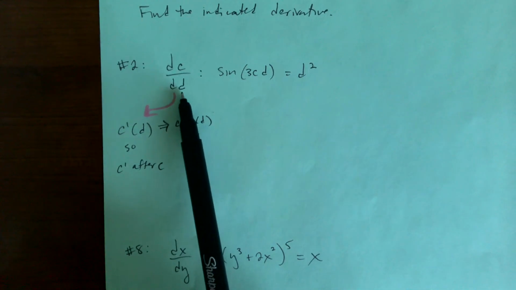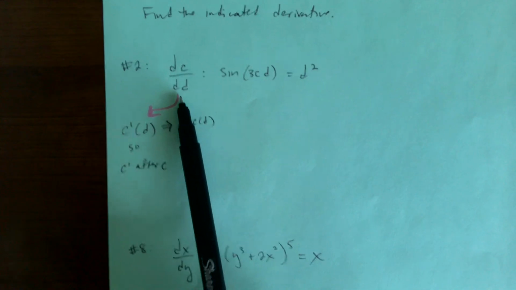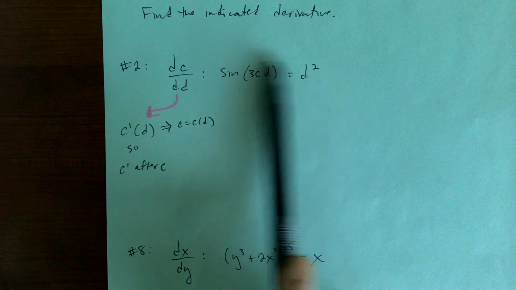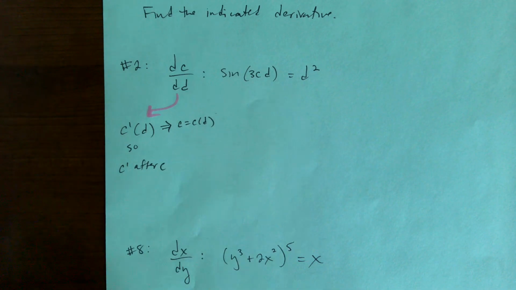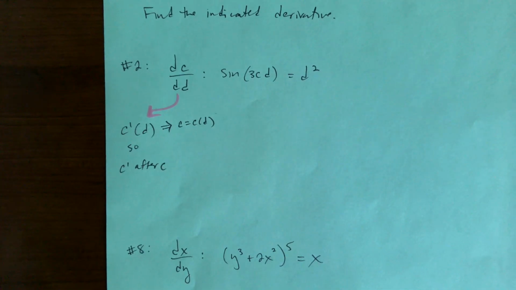If they're asking you to find dc over dd, here neither variable is solved for. C is not solved for, D is not solved for. So it's really unclear which is the input variable and which is the output variable.